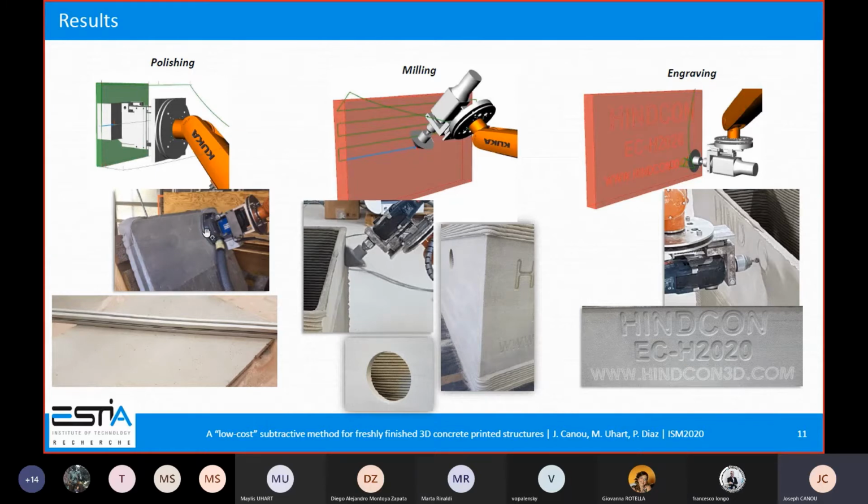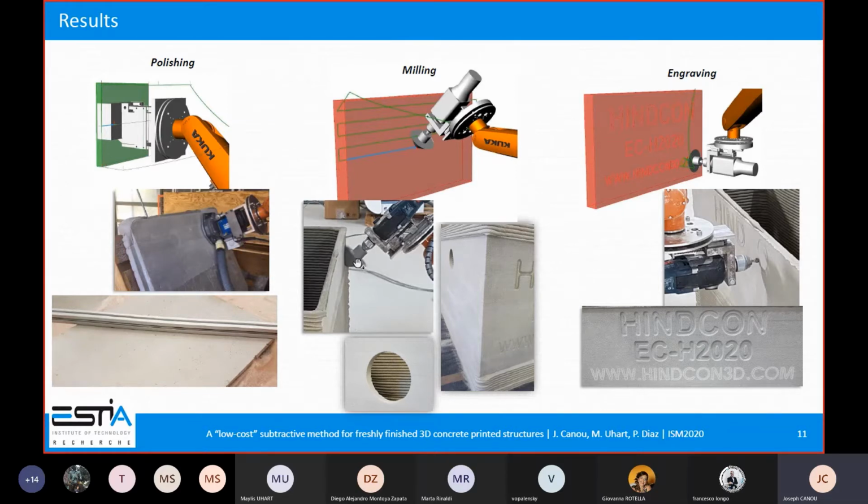Here we were using a very classical tool. When you work on it, of course, we get a nice result, but it was a classical tool. Here, this milling tool, and the same for this one, the small one. These tools were very cheap tools. So it means that when you want to do some polishing, you have to use some diamond tools. We use 2 discs for polishing, and the cost was something like 300 euros for these 2 discs.